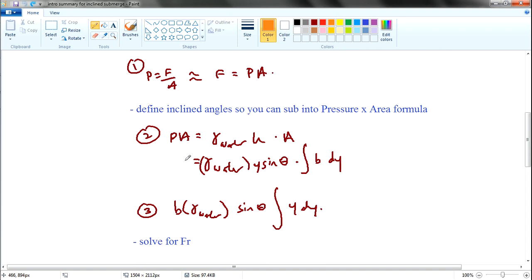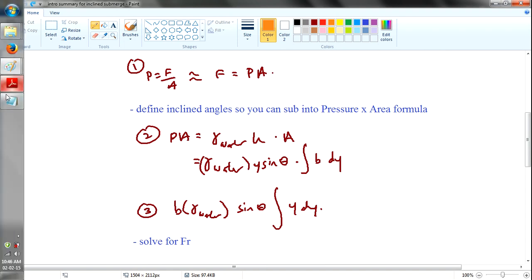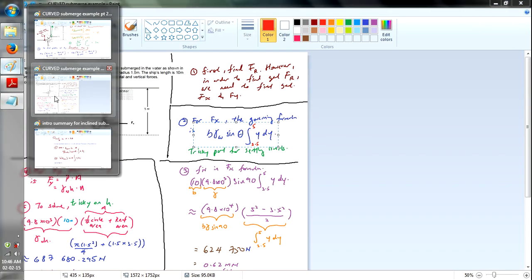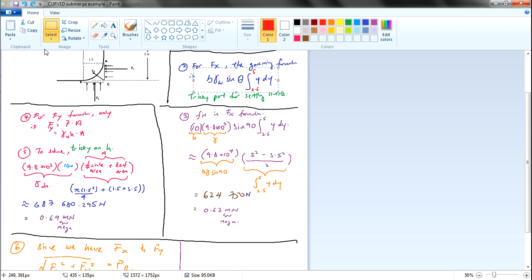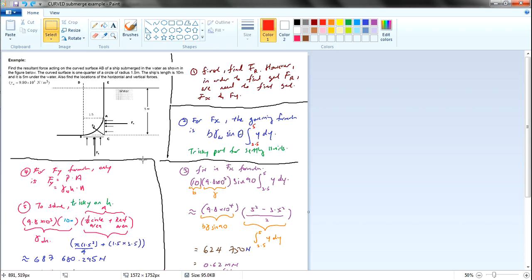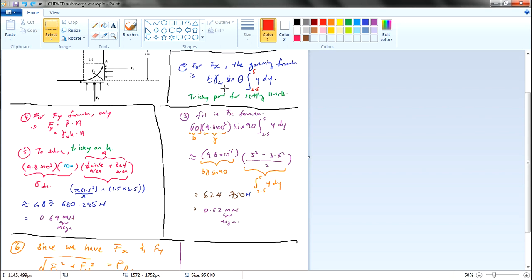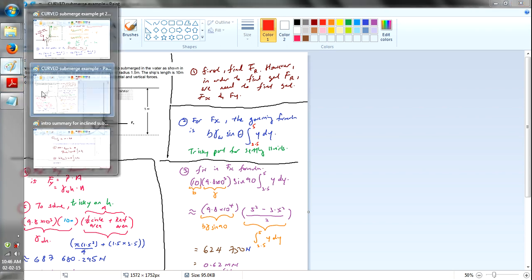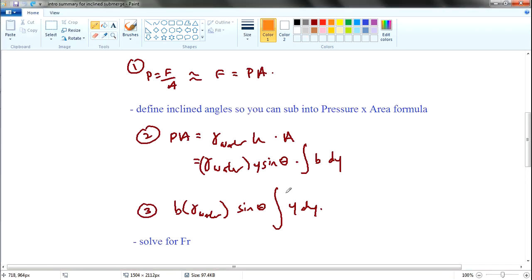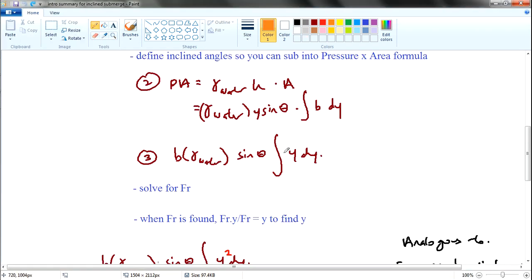But for the y direction, you have to use rho g h times area. The tricky part for both of these scenarios is that you have to know which limit to sub in for Fx, and also for the inclined plane.